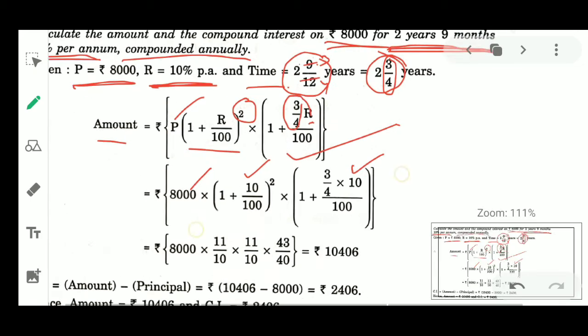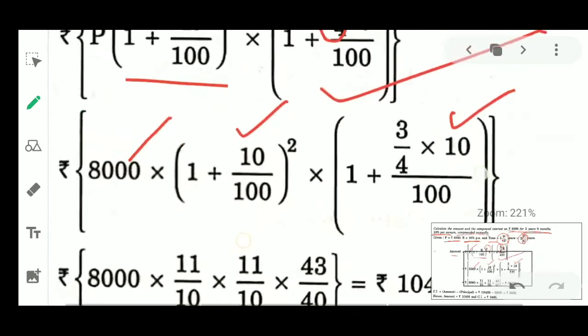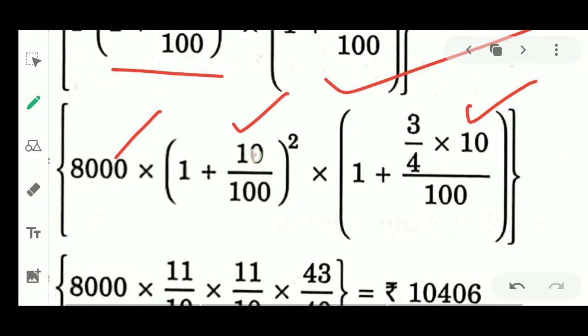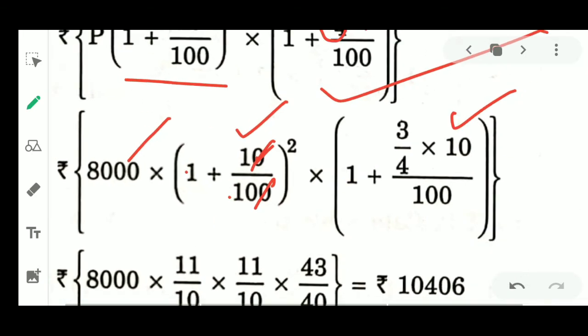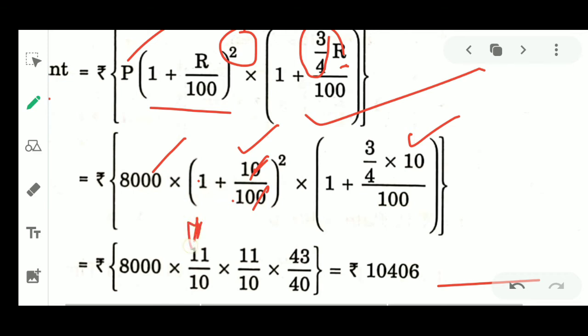So now the zeros will be cancelled here, so this will be 1 plus 1 by 10, 11 by 10, as you can see here, 11 by 10. So 11 by 10 whole square, that will be 11 by 10 into 11 by 10.